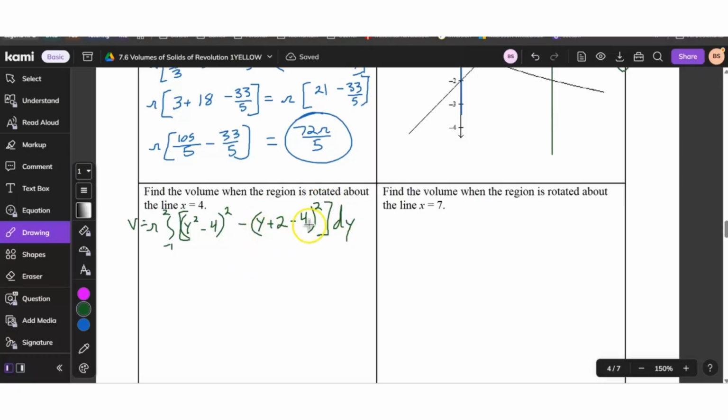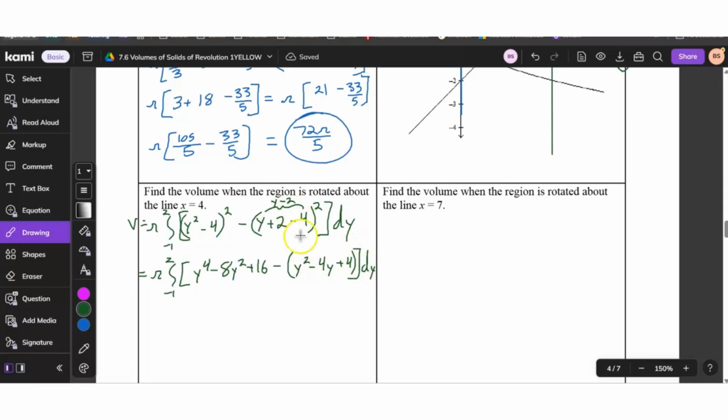So this y plus 2 minus 4, that's really the same thing as just y minus 2, which will make it easier for us to do a perfect square. So now we're going to integrate pi times the integral from negative 1 to 2, and then we just expand our perfect squares. So y to the 4th minus 8y squared plus 16 minus y squared minus 4y plus 4.